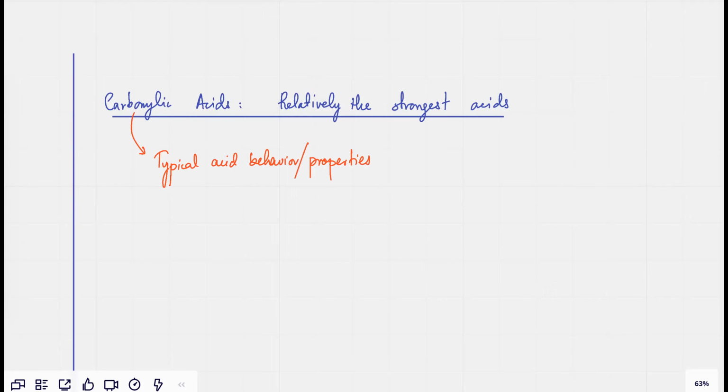For example, if you react a carboxylic acid with sodium metal, the H in the carboxylic acid, the OH, is going to be displaced. It would form a salt, and H2 gas would be released. So it's going to react with metals.